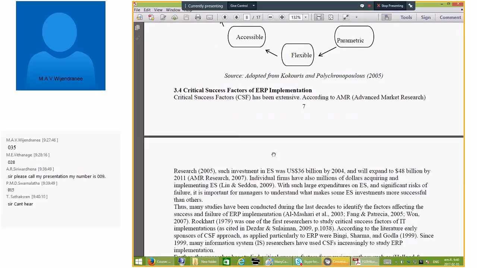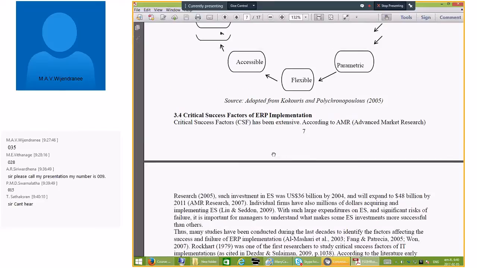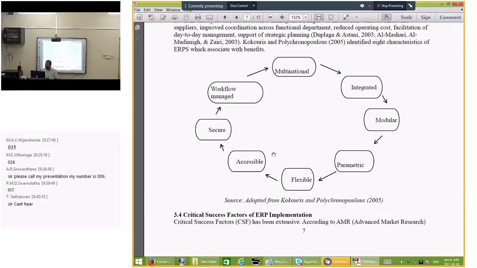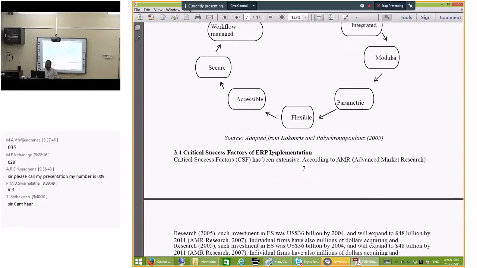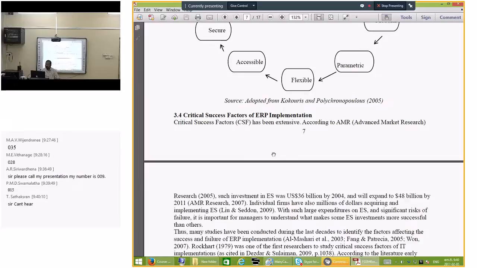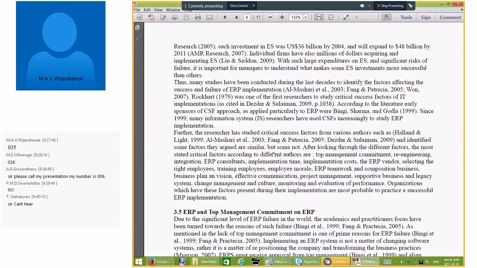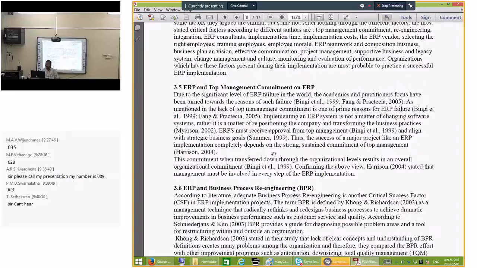How many people did you select as the sample? 50. Is that all from the accounting department or any other? From the accounting and finance department. How many people are in the accounting department? At Petrol, there are a lot.